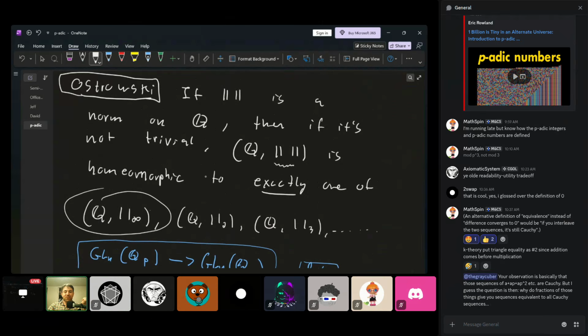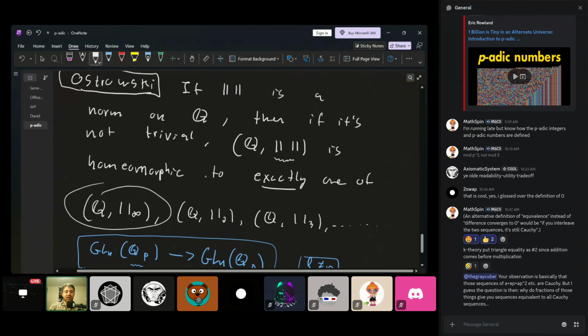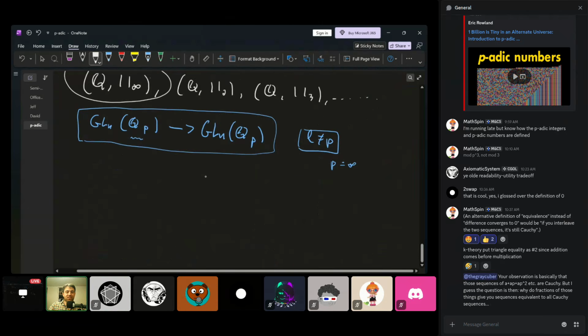And I just think this is fantastic. And so there's a very real sense in which the rational numbers give rise to each one of these distinct kinds of fields.